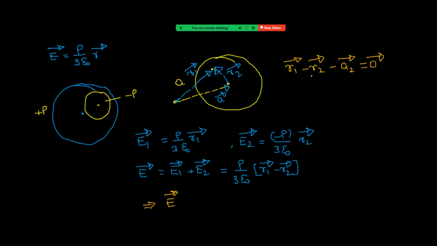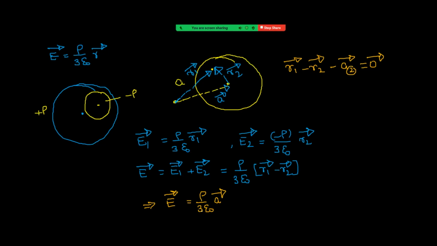R1 bar minus R2 bar minus A bar equals 0 bar, which is just writing the vector equation for the given diagram. So in place of R1 bar minus R2 bar, it is A bar. That means E bar is equal to rho by 3 epsilon naught into A bar.